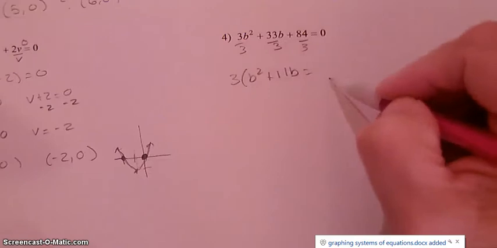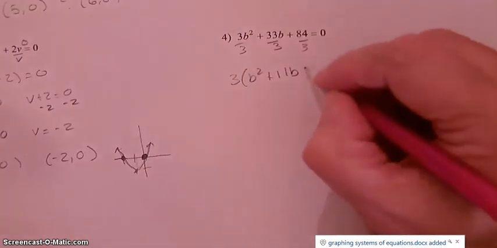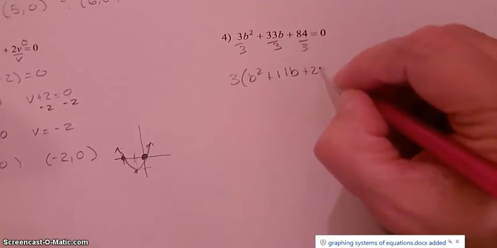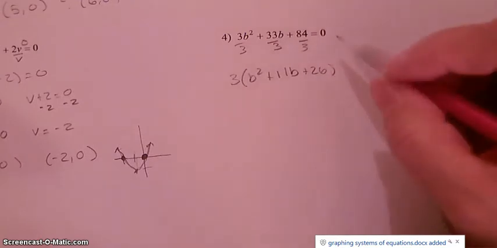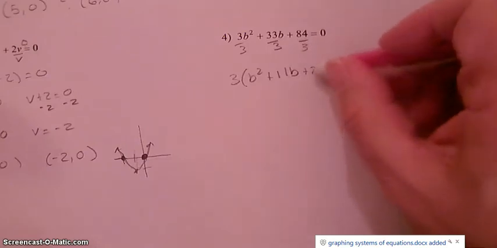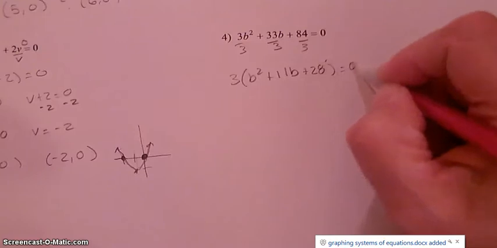And then 84 divided by 3 is 28. And that equals 0.